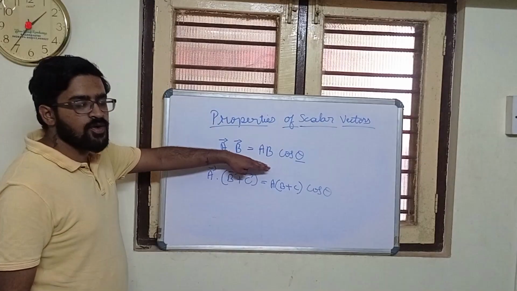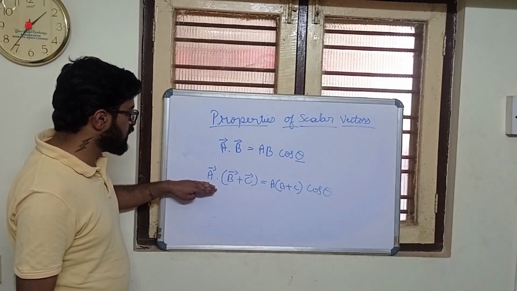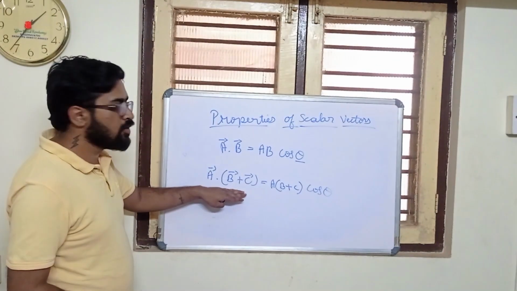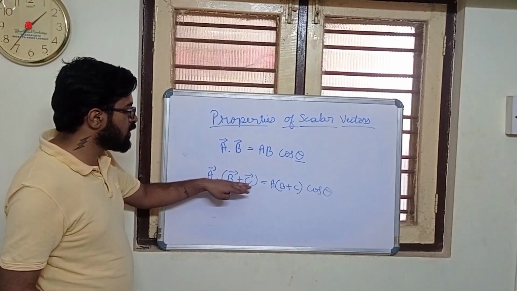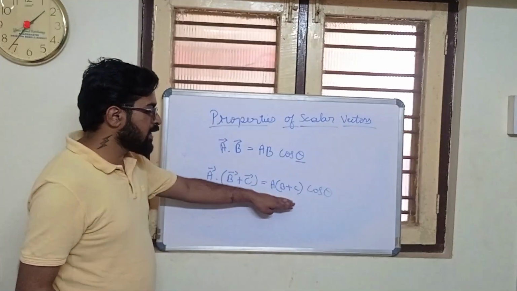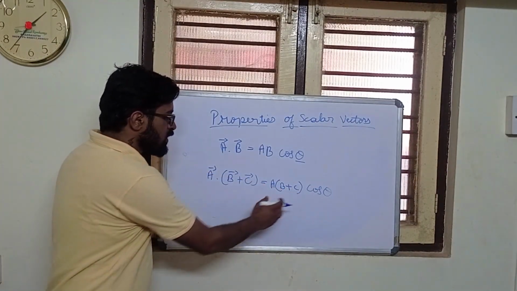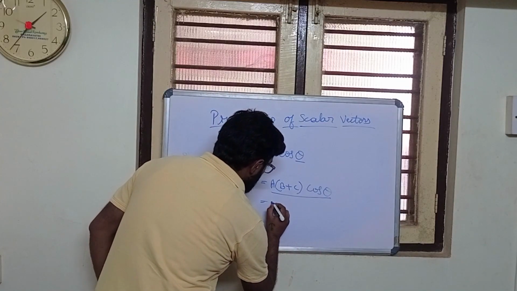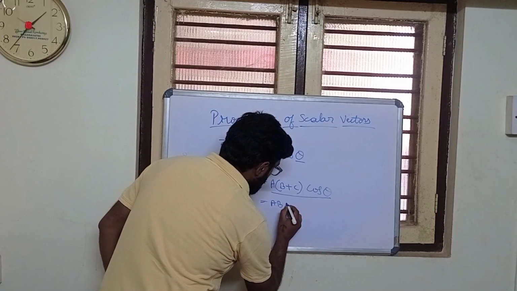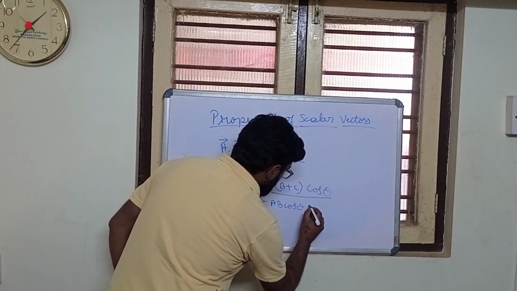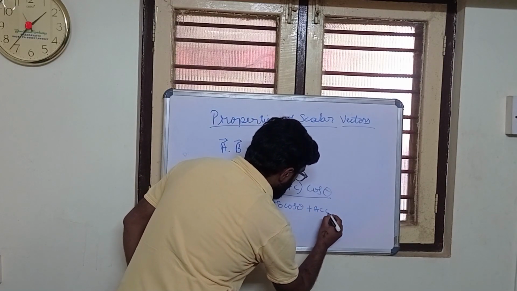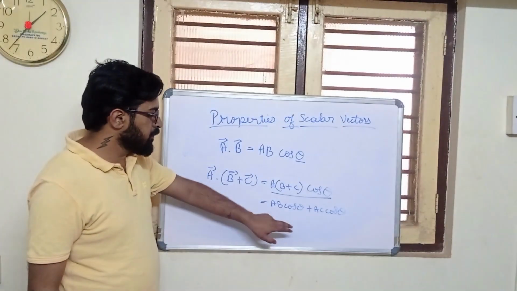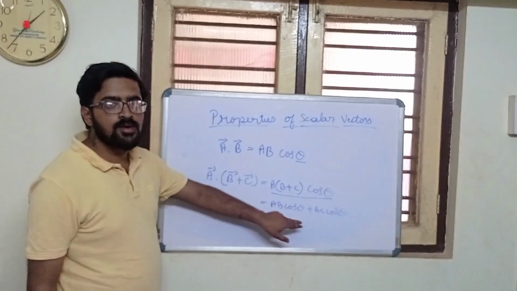I have written it in this form. This is vector A, and this is another combination of two vectors, vector B and vector C. I have taken the magnitude and cos theta. So now let's simplify this one. It is equal to AB cos of theta plus AC cos of theta. So what you can see here, AB cos theta, what will it be?